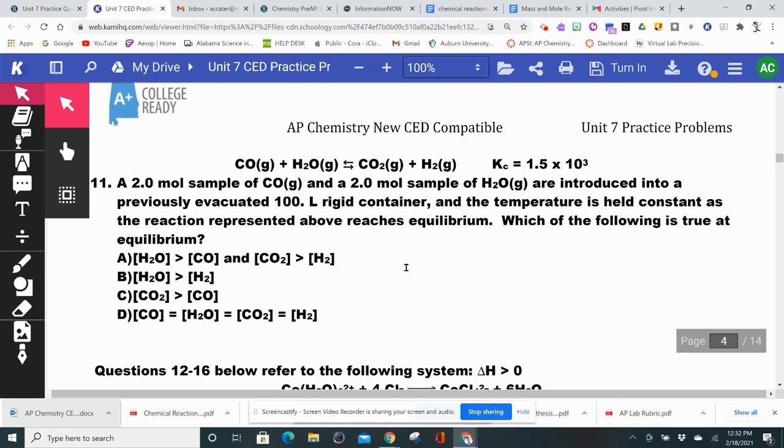Which of the following is true? All right. So if it's a 100-liter container, we can find the molarity by dividing each of those numbers by 0.1.